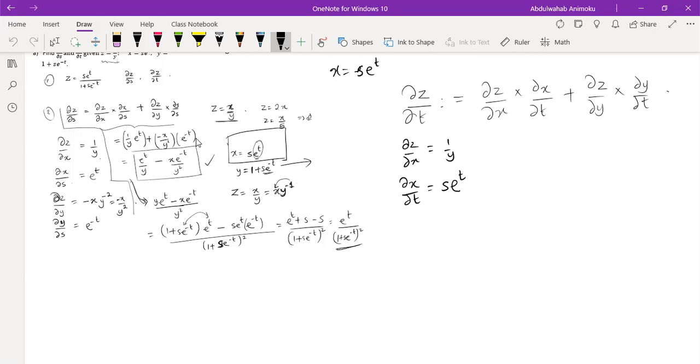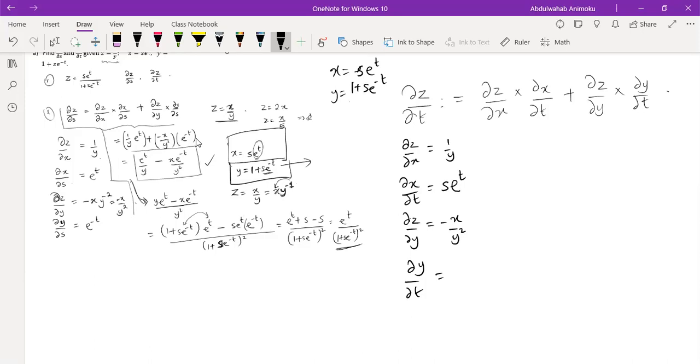All right. Now, what else do we need? We need del z del y, which is the same thing as we had before, minus x over y squared. And finally, del y del t, which is the derivative of this with respect to t. Now, don't forget your y is 1 plus s e raised to power minus t.